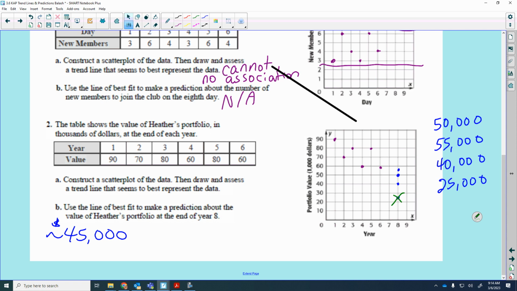What else? 55,000. I actually think that this one looks a little low, in my opinion. 40? I don't know. Y'all think that 55 is too high? Because you've got one at 80, another one up here at 80. So these are kind of close. You know what I mean? Which one is best?